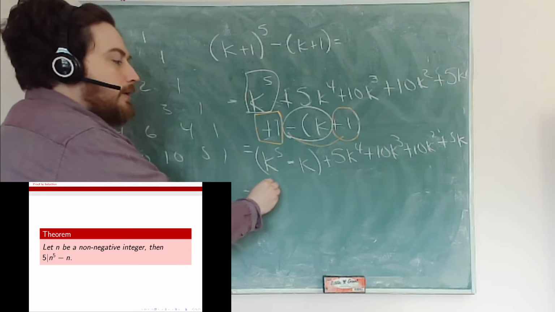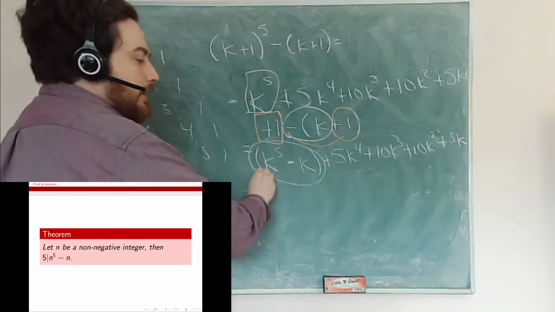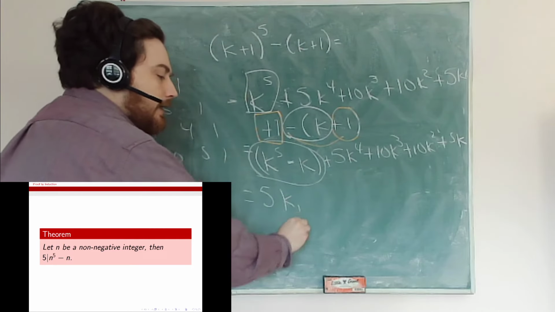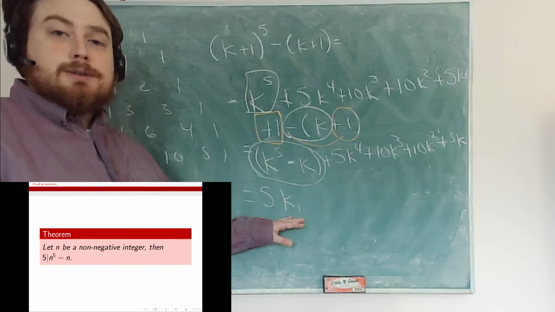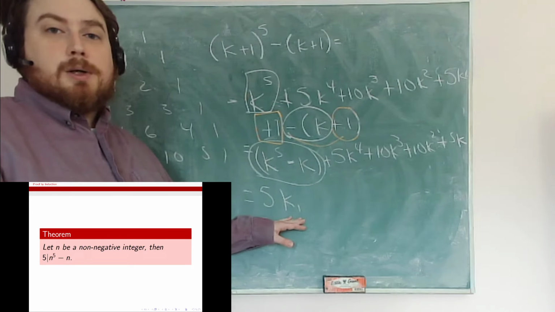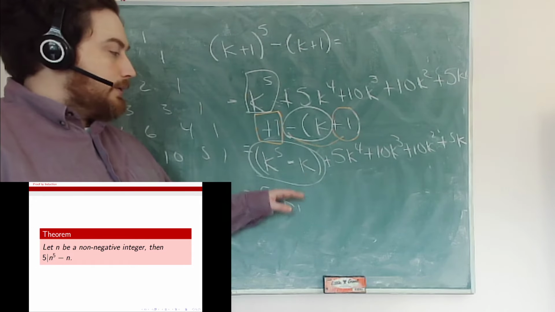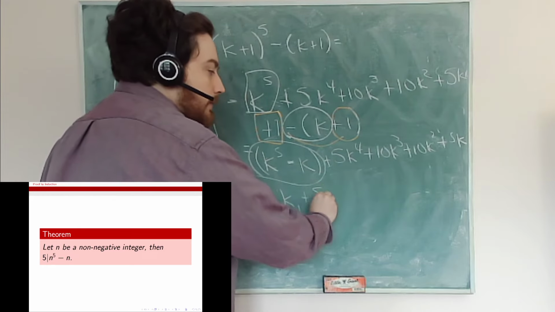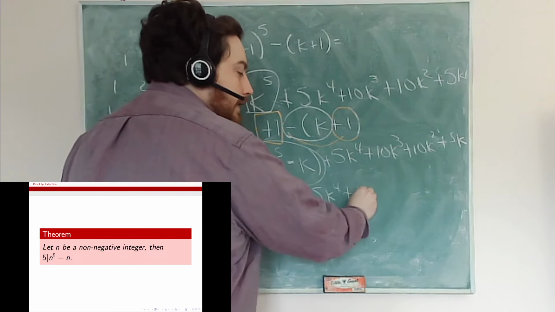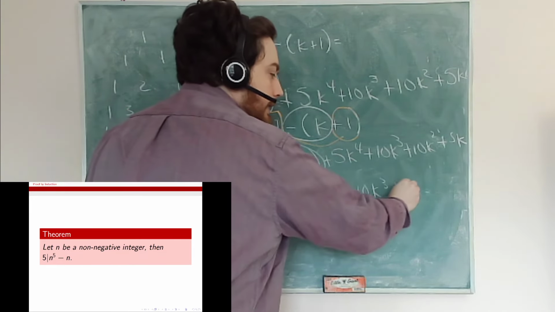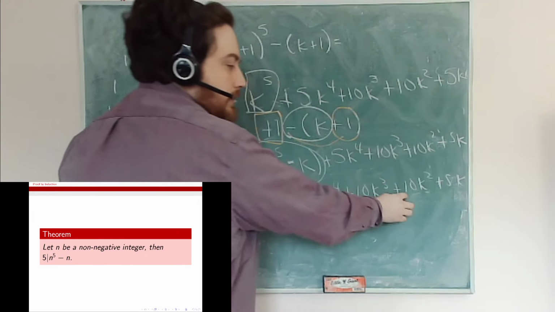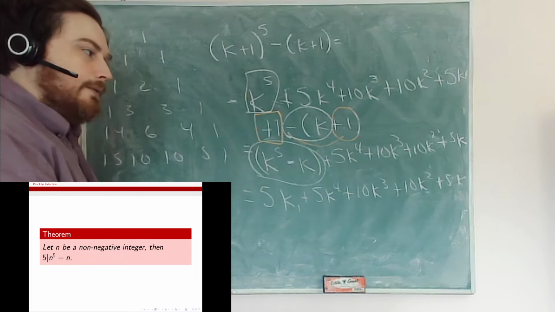Now, remember that the reason why I wanted to do that is because I already know that that is equal to 5 times k1 for some integer k1 by my induction hypothesis. So that's what we get to assume is that this is a multiple of 5. But now, if I actually look at the rest of these terms, notice that I can indeed factor out a 5 because each of these terms is divisible by 5.